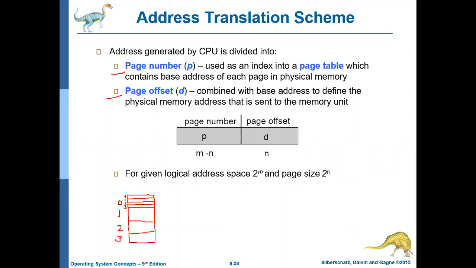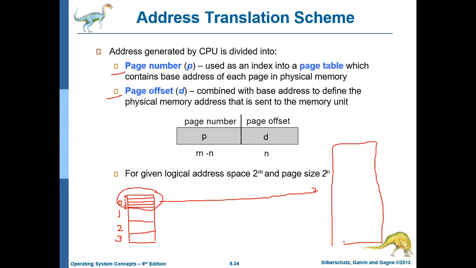But this complete page 0 will go to physical memory. Suppose your physical memory is very big. This complete page will go there, and all the offset values will have the same order here. The order will not change in case of offset. Complete page number 0 will be shifted here.